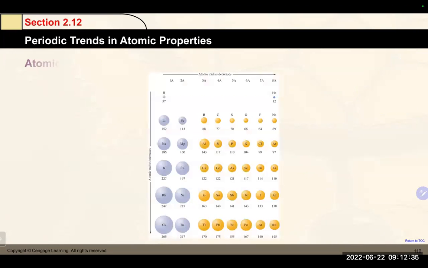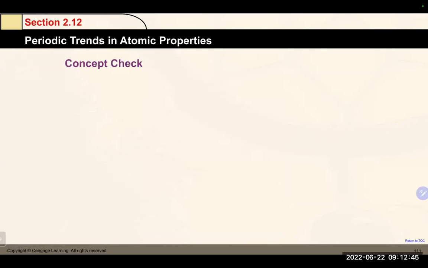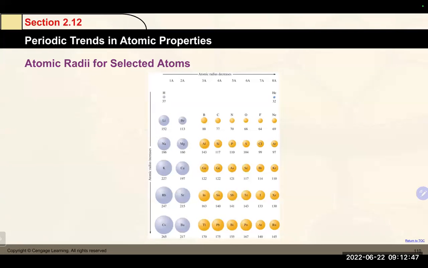Any questions on that? And that's what we see here. You can see up and to the right, much smaller, down and to the left, a little bit larger in terms of size. So let's talk a little bit about some of these trends.